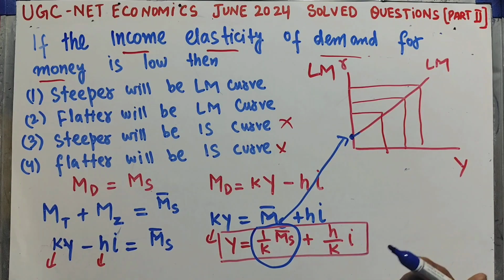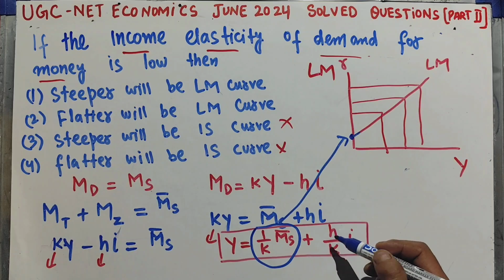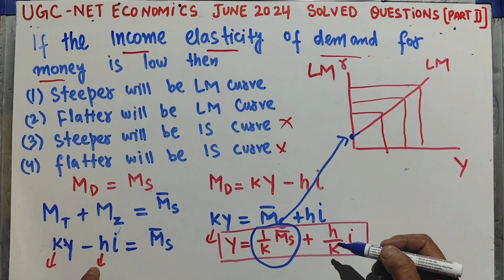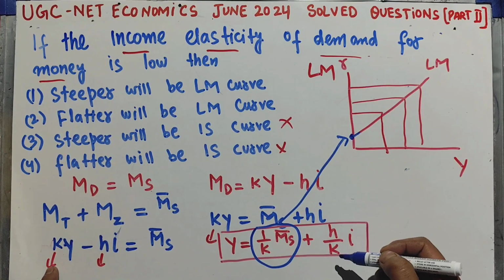And what is the slope of this LM function? The slope depends upon the H upon K ratio, and we know that H is the interest sensitiveness for demand for money, and K denotes the income sensitiveness or income elasticity for demand for money.